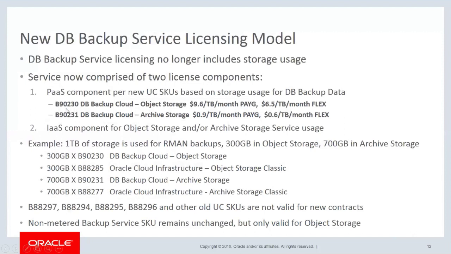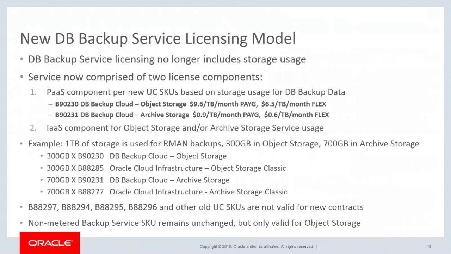The purpose of this was to start separating this, allowing a choice of any infrastructure. By any infrastructure, I mean OCI storage or Cloud at Customer storage, so the object storage that comes with the Cloud at Customer solutions.